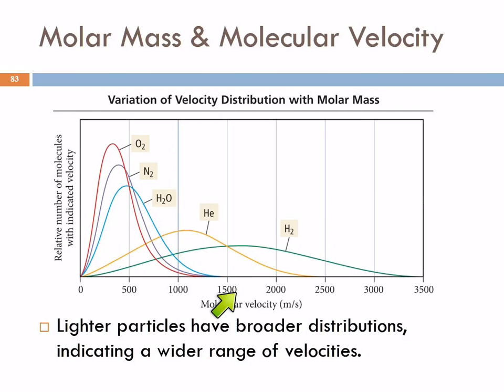I mean, we can predict the average, but the range of velocities is larger. So it's more flexible? I don't know the explanation off the top of my head. But I believe that this difference in distribution is part of why we need to use the root mean square velocity instead of just a simple average.